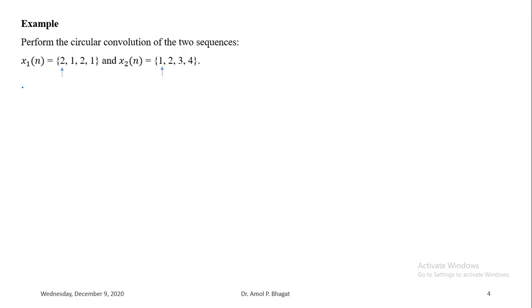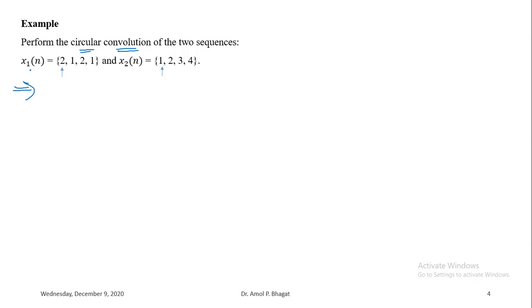In the next session we'll be discussing the same problem, but there we'll be applying the discrete Fourier transform or the circular convolution property to get the result. So in this session, we'll be directly identifying the circular convolution without using the discrete Fourier transform. Okay, so here two sequences are given, that is x1 of n and x2 of n.